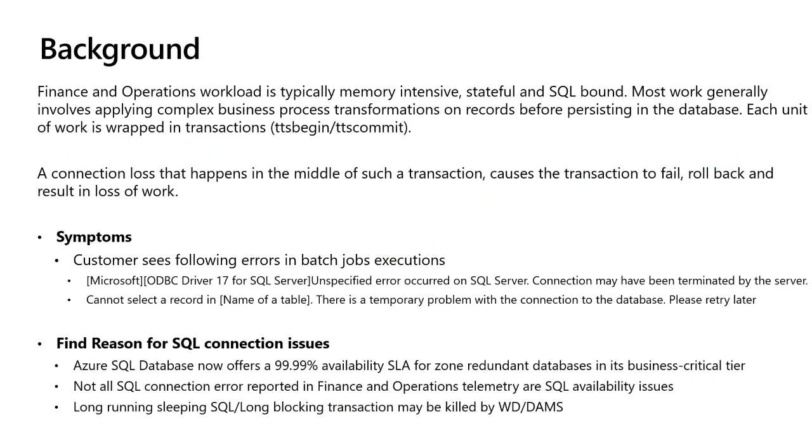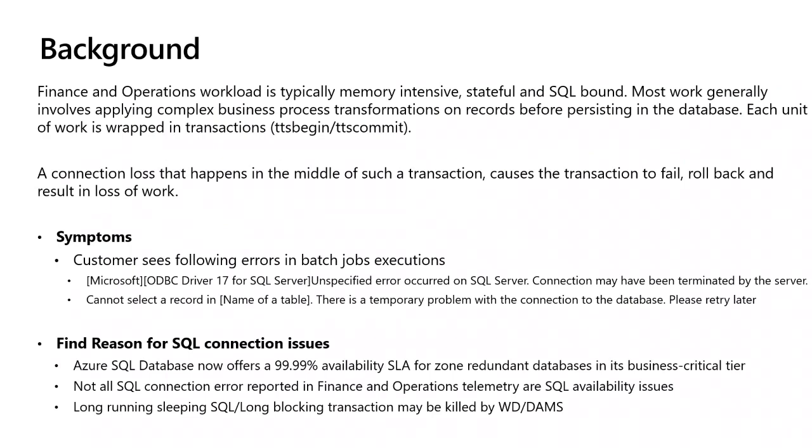When you see a SQL transient connection loss in the browser while clicking a button, you get a message about connection loss, you refresh the page, start the process again, and you finish it. That's what happens with the UI processes. However, when the process is in the batch and the SQL transient connection failure happens, then your batch ends up in an error state.